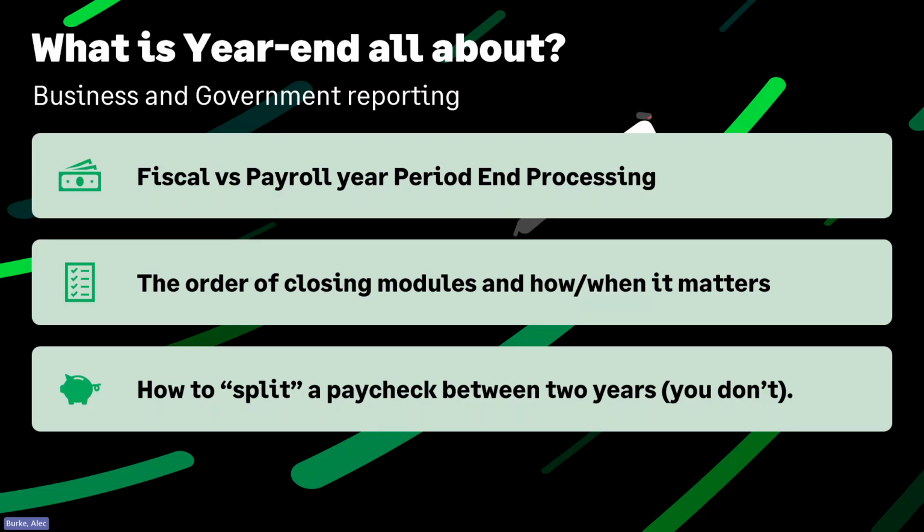And jumping right in, what is year end all about? So the difference between fiscal and payroll year end is essentially that fiscal is about the business processes, of course, and its own defined periods, where the payroll year is more about the government reporting. So fiscal year close is mostly about keeping users from posting to periods that should no longer be available.